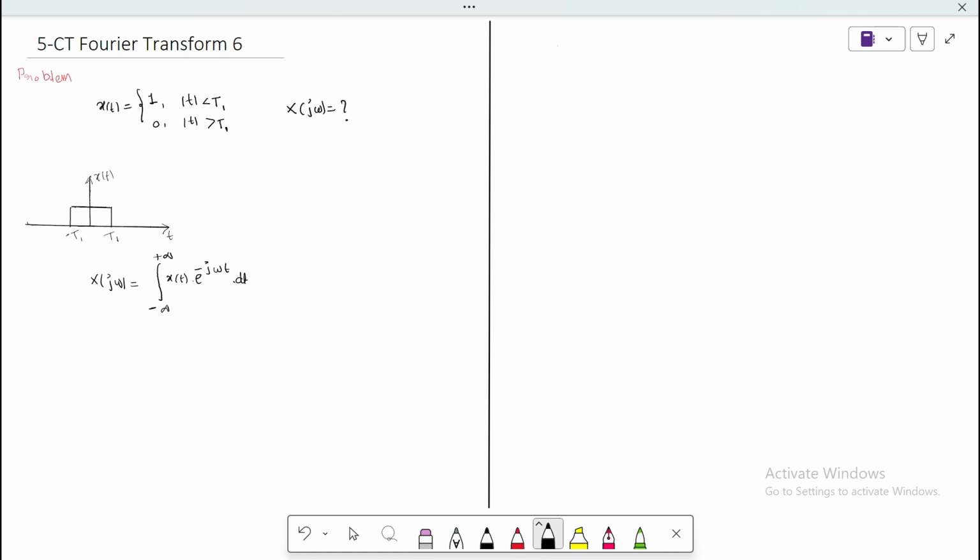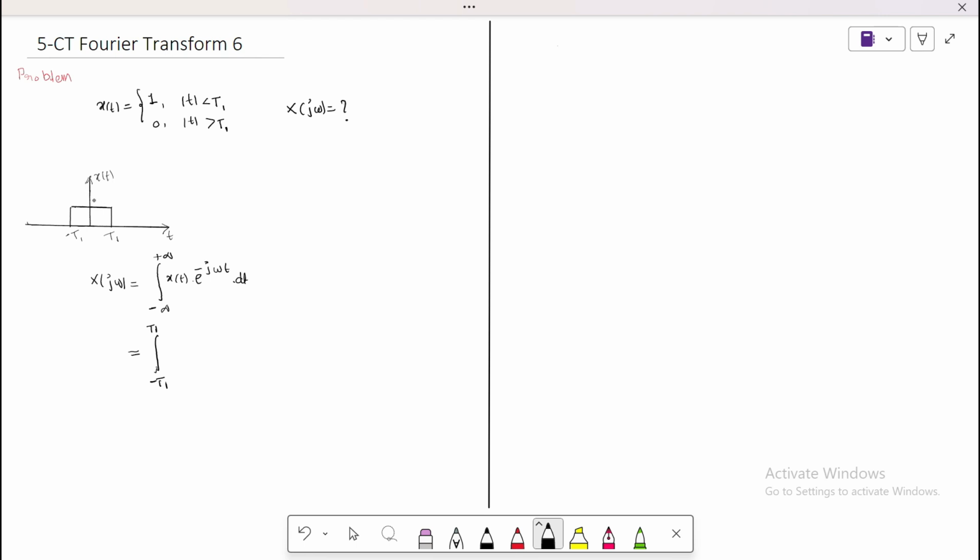This given signal has magnitude only from minus t1 to t1. So I am splitting from minus infinity to minus t1, for that there is no signal. The remaining limits go to 0, so just minus t1 to t1.